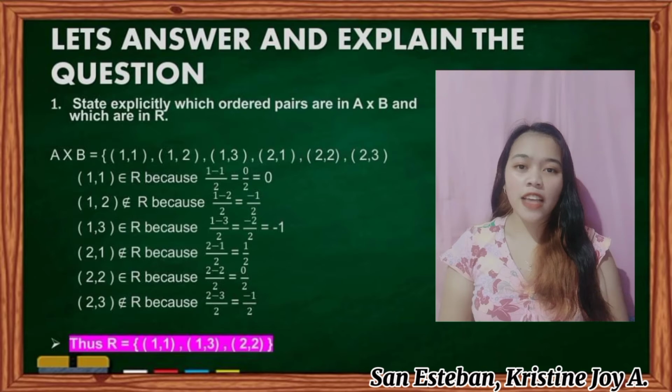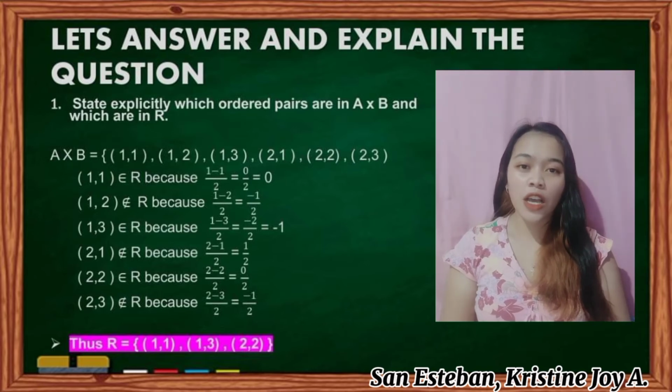So, let's answer question number 1. First, we need to get the product of sets A and B. So, (1, 1), (1, 2), (1, 3), (2, 1), (2, 2), and (2, 3). All of these are ordered pairs. Substitute all of them into the given statement.